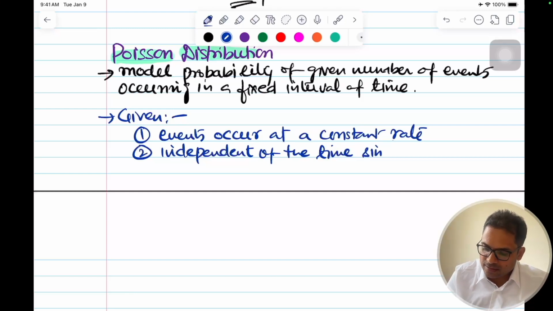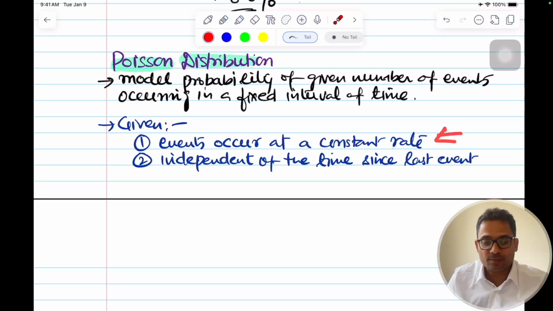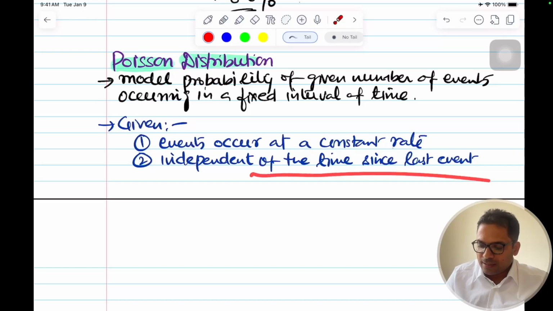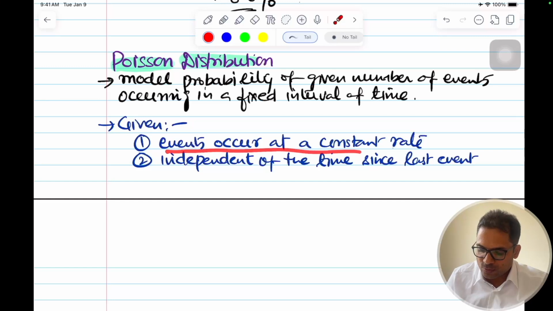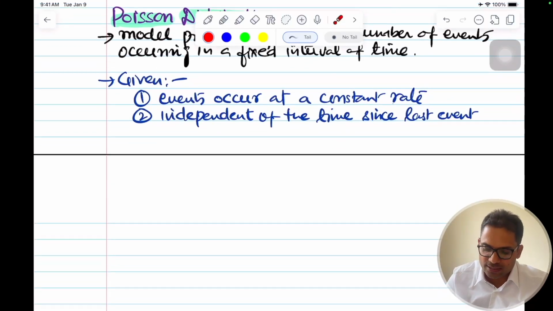We just know the average constant rate, which means we know the average time, but there is nothing like it will happen at a fixed interval. We don't know that it is fixed, but we know that within a given window this many happen. I'll give you an example, then you will understand.